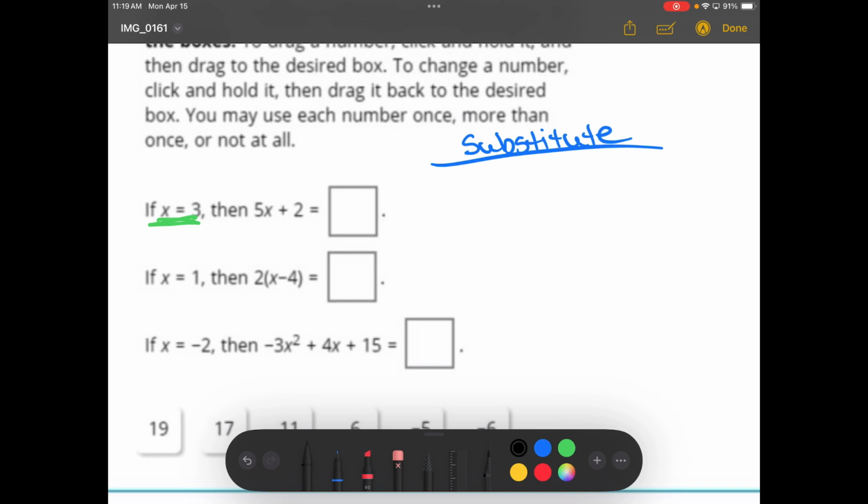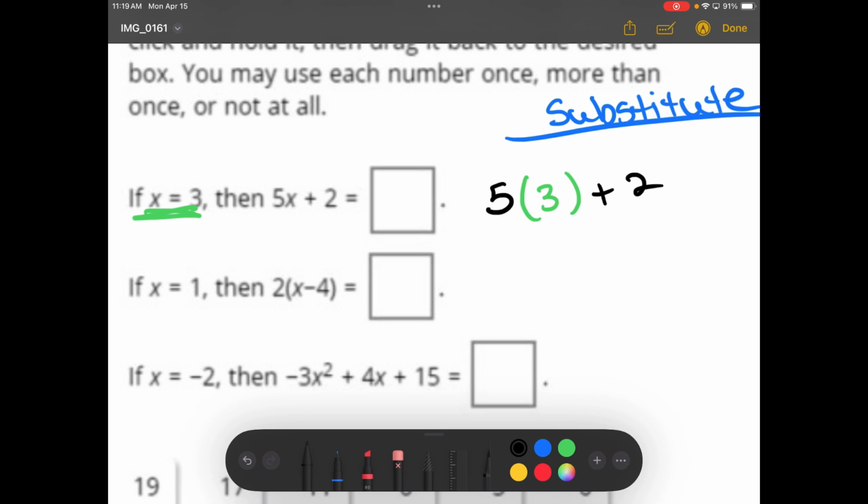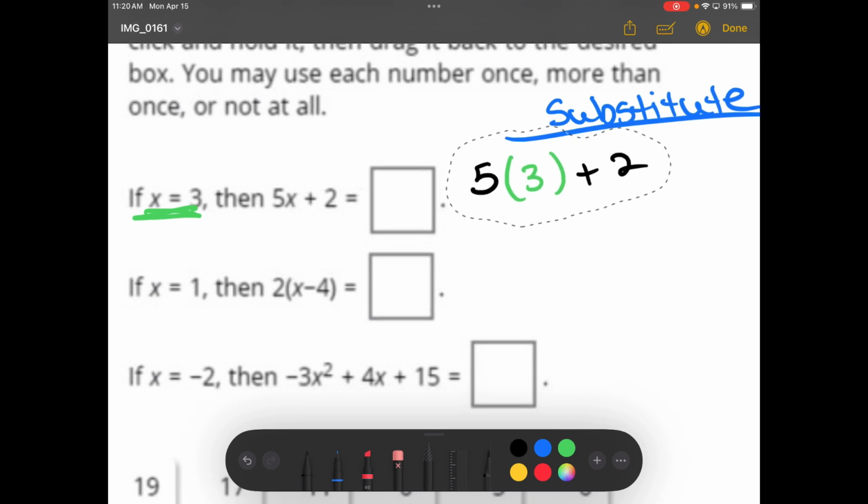So I am going to take 5 times 3 plus 2. Plugging that in. Well, what is 5 times 3? 15. Plus 2 is what? 17.